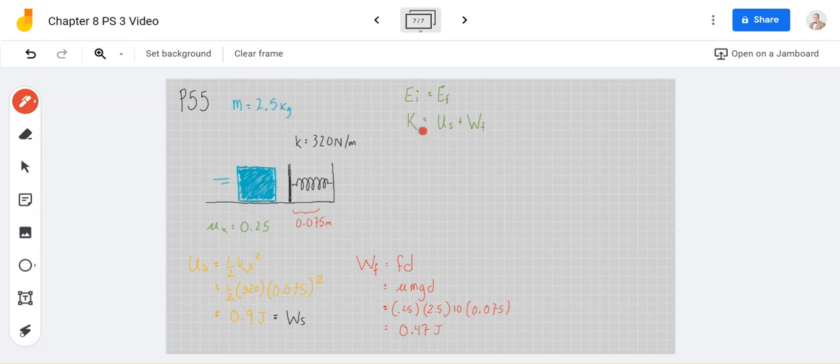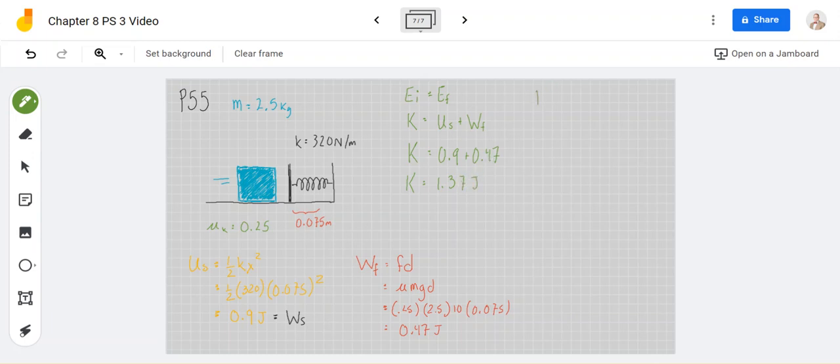So I know that all the kinetic energy went to the work done by the spring, which was 0.9, and the thermal energy generated, which was 0.47. Therefore, the kinetic energy that it had before it hit was 1.37 joules.